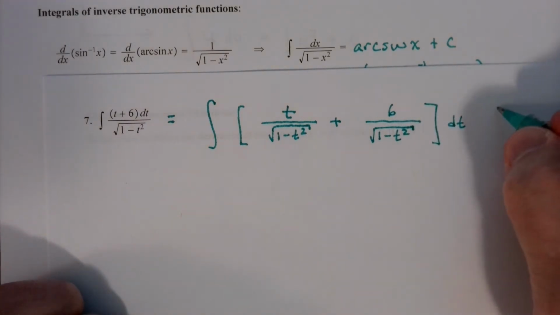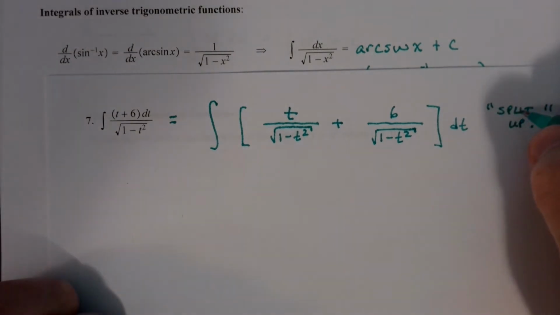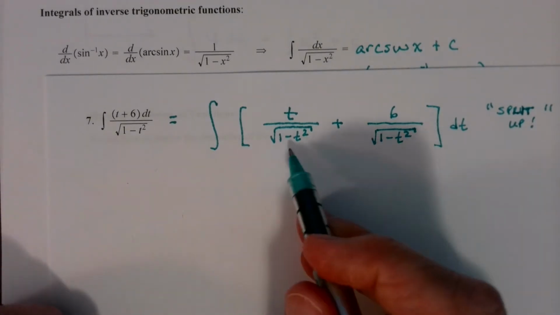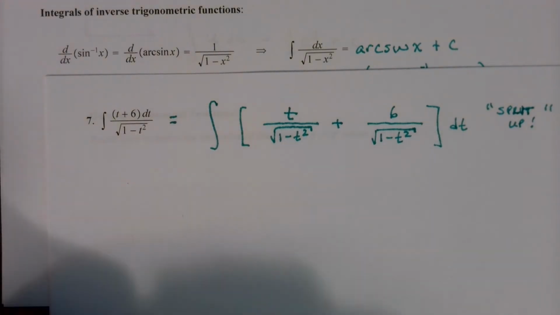So I'm going to split it up. We're going to break it up, right? And I can do that. It's a common denominator, right? I can add this back together and I get the same thing. But I'm going to treat each of these separately.